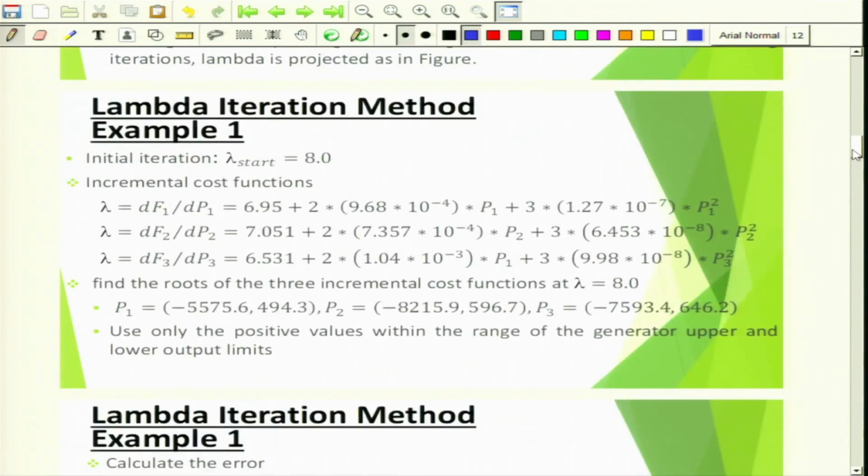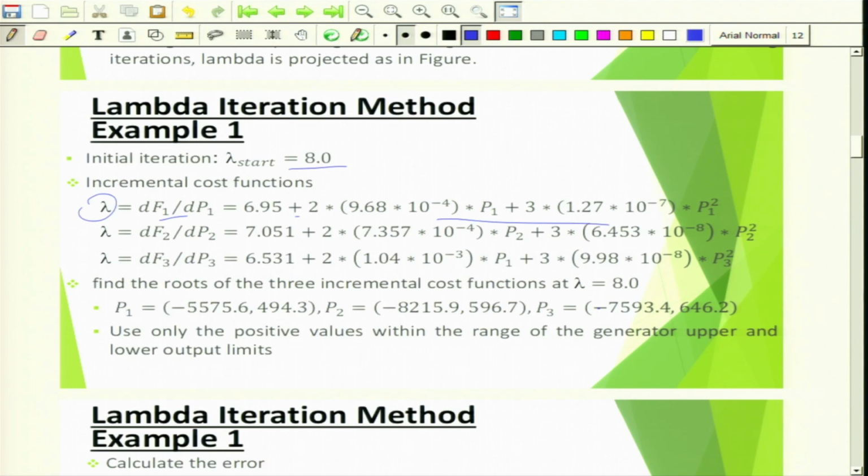Okay, let us say we are fixing, to start with, lambda is equal to 8, right. So now we have fixed lambda equal to 8, so obtain the incremental characteristics. After differentiation you will get a quadratic expression, right.